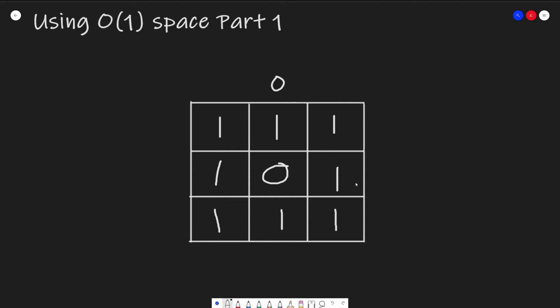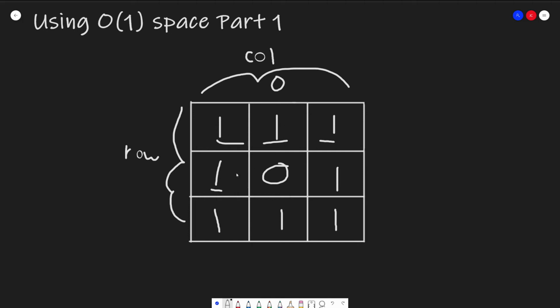Improving upon our O of m plus n solution, we will use our first column and our first row inside our matrix as the placeholder. We would do the exact same algorithm as we did earlier, where we populated our column array and our row array. We would go through each of our elements.